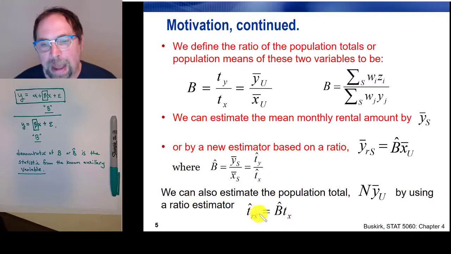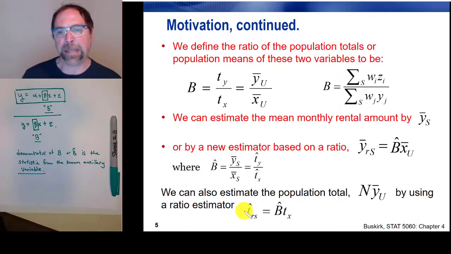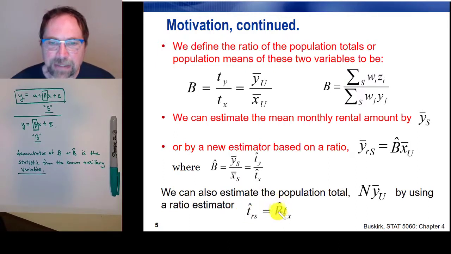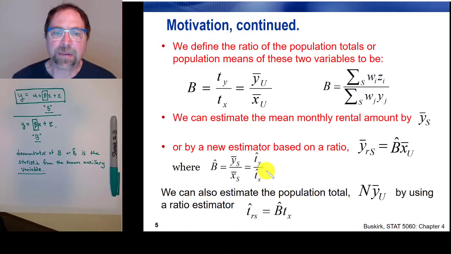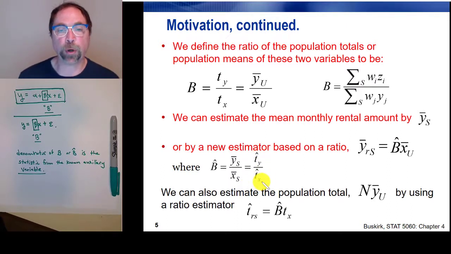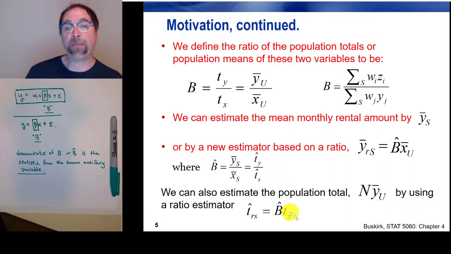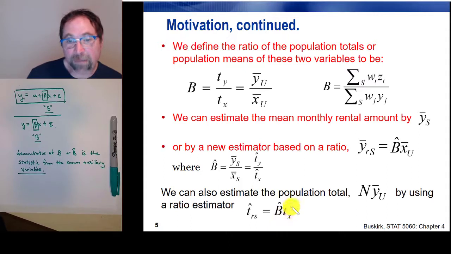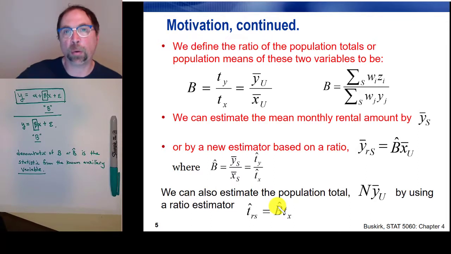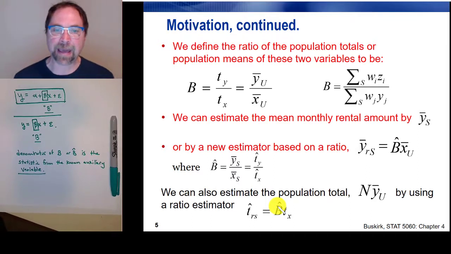So let's look at why this would be a total as opposed to a mean. This beta quantity essentially tells me the total number of Y's per X. And in this case, I have this many X's. So if I multiply the total number of X's by a quantity that gives me a rate of total Y's per total X, then I get total Y. So that's how the math works out.